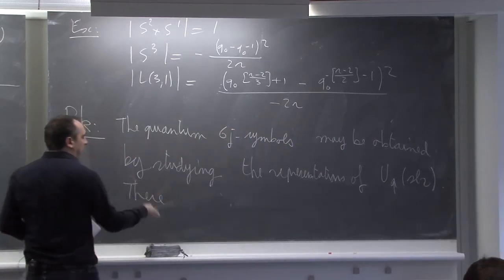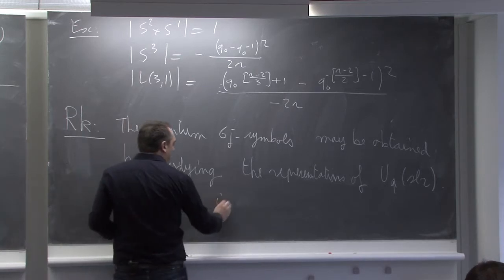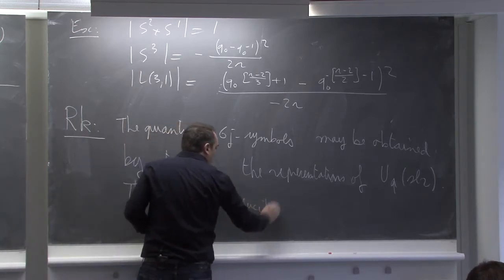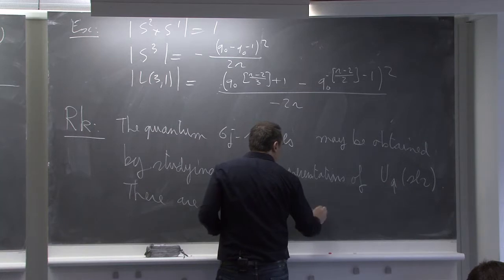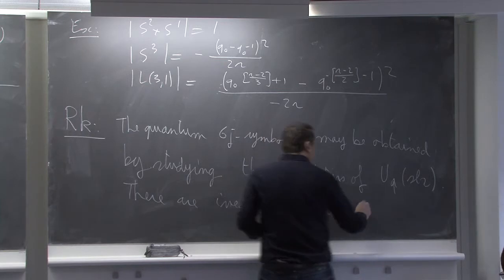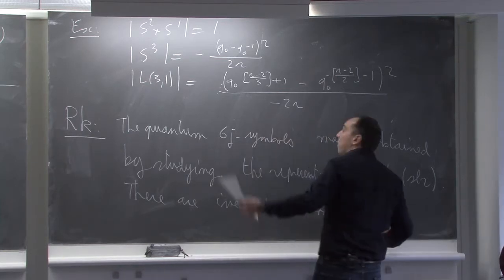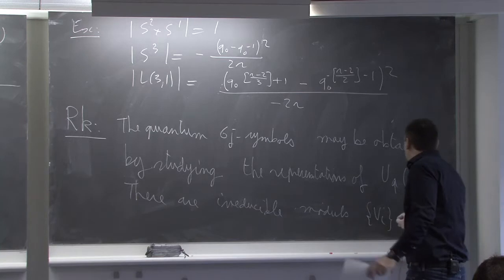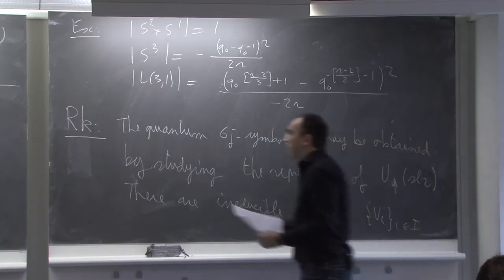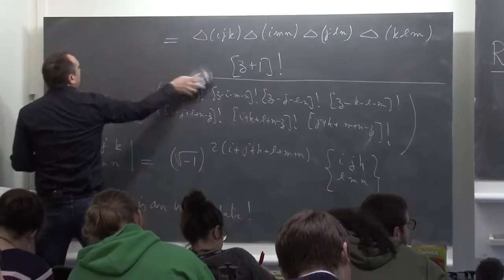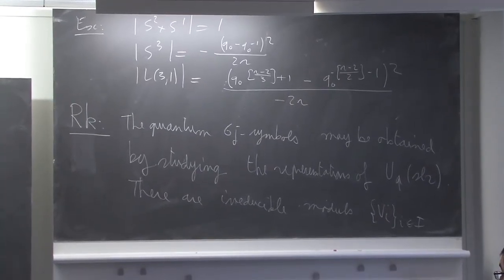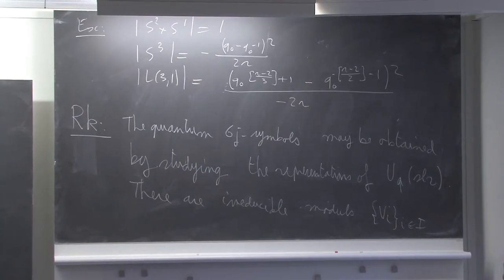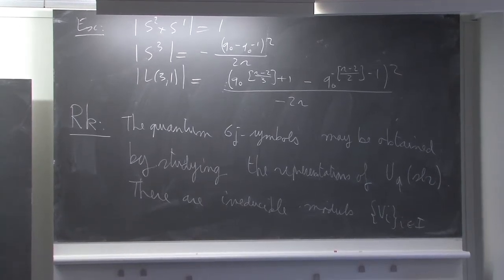So, in particular, you can find that there are irreducible modules, indexed by this set of integers I, and such that we know the multiplicities of the sum.